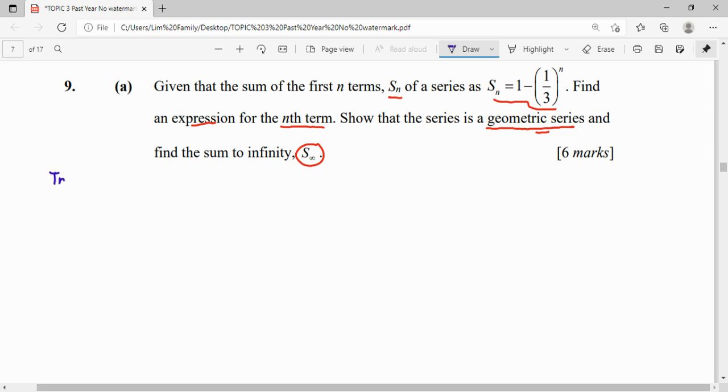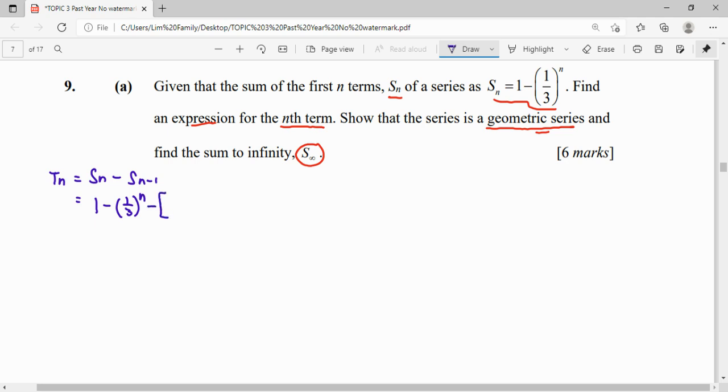So in order to find Tn, the concept we'll be using is Sn minus Sn-1. For Sn, we can substitute our Sn, which is 1 minus (1/3)^n.